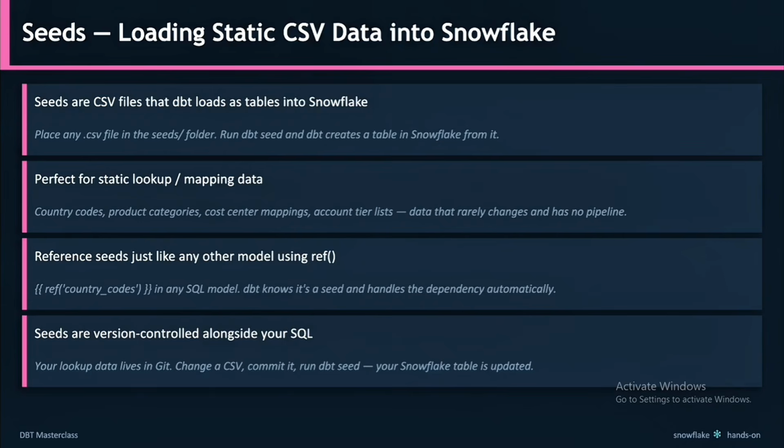There are limitations of seeds: they are not suitable for large data sets. For anything more than a few thousand rows, use a proper pipeline. Seeds are for small, relatively static lookup tables. In the next video, we will do some hands-on with dbt seeds.